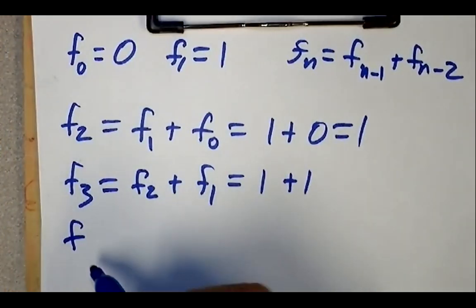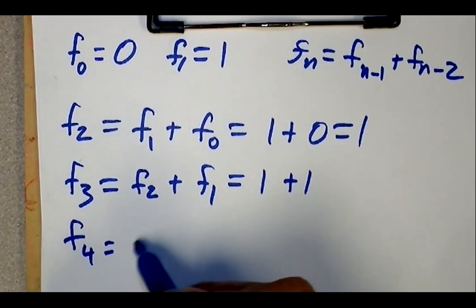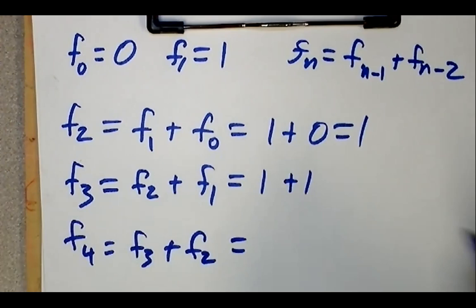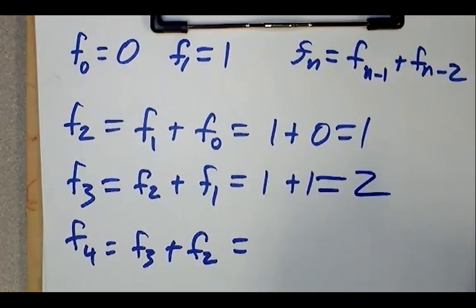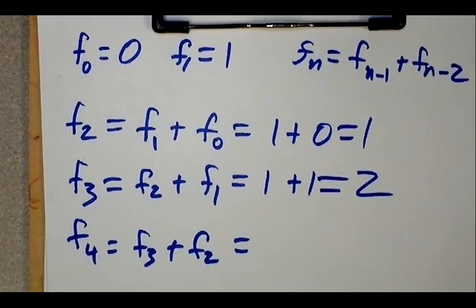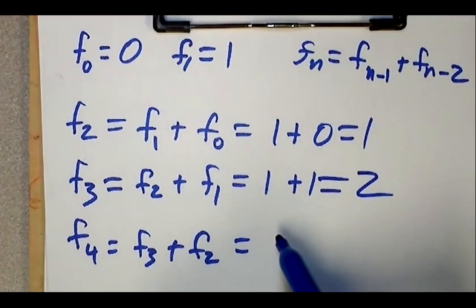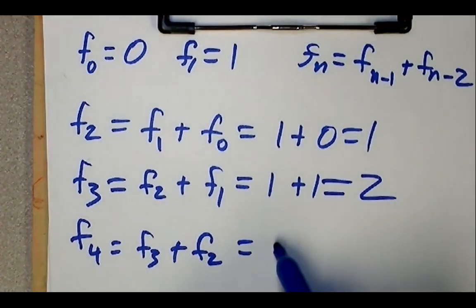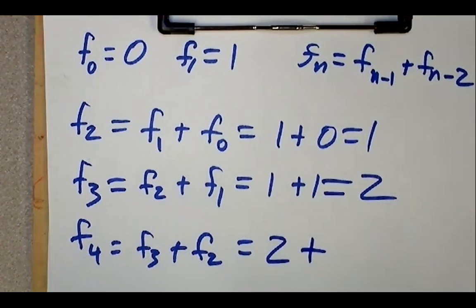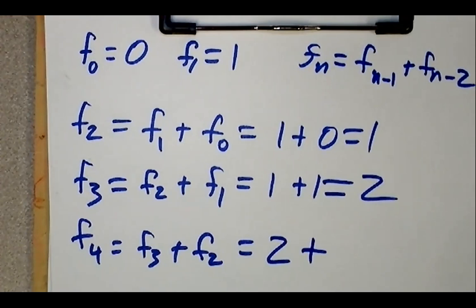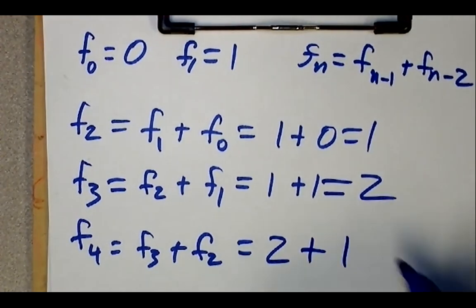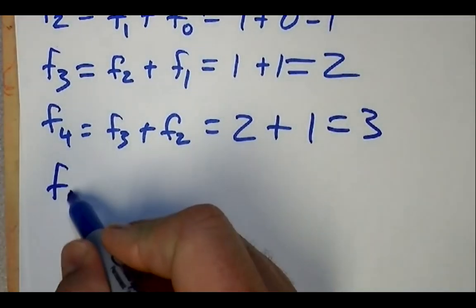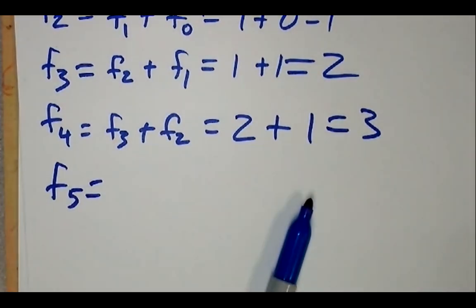Now we're going to do f of 4. Which is f of 3 and 2, right? So f of 3, oh, got to finish the joke. All right, what's f of 3? F of 3 is, wait, for this one? Yeah. F of 3 is 2. Good. And what's f of 2? F of 2 was 1. Okay. Now let's do f of 5. Go for it, Gino.